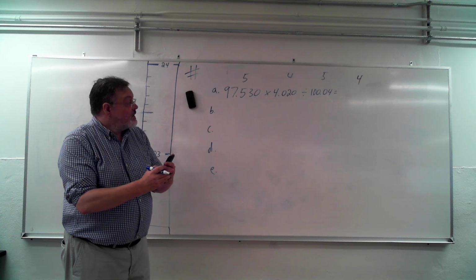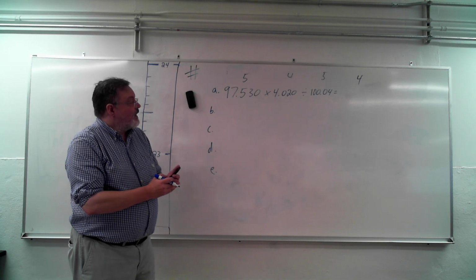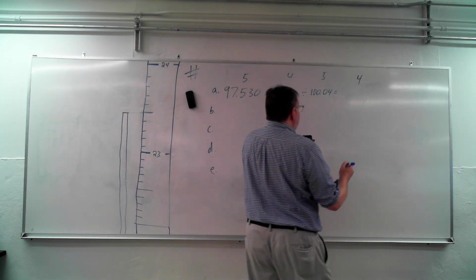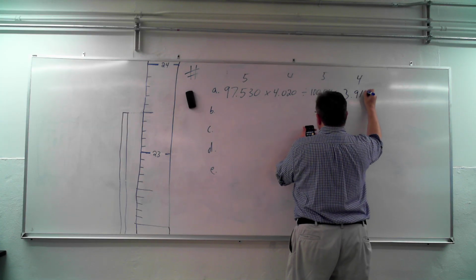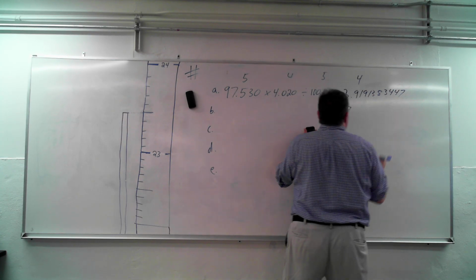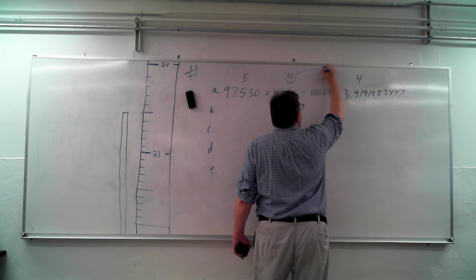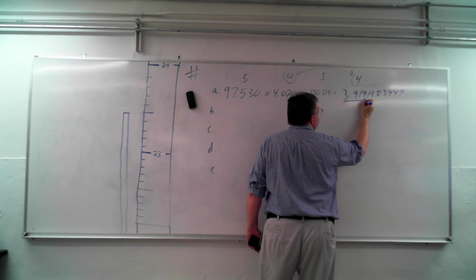97.530 times 4.020 divided by 100.04. So here's what my calculator says. That's what my calculator says, but I need to round it back to 4. So I'm going to underline those 4 digits.